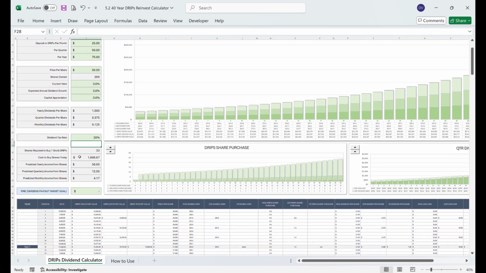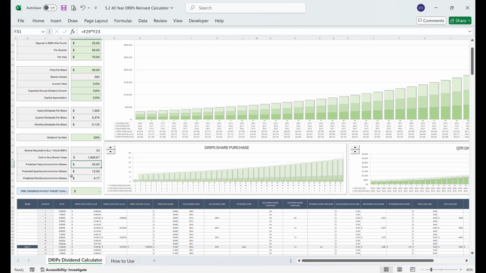Then you go down here. The formula for shares required to buy one stock is you take your yearly dividend per share divided by your price per share. That's how you get that. And then you multiply price per share by shares required to buy one stock. That's how you get the cost to buy shares today.